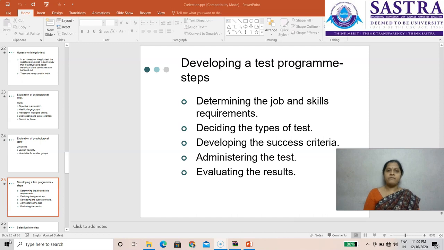And finally, we have to go with evaluating the results. This is the last stage, and the results are matched with the success criteria to determine whether the applicant has succeeded in the test.